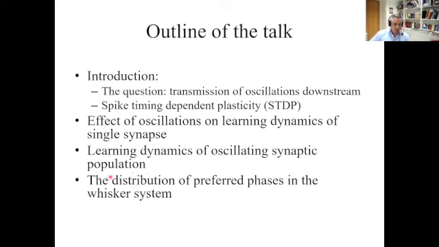And finally, we will get to the part which is still under work, which is the possible contribution of STDP to the distribution of preferred phases in the whisker system.